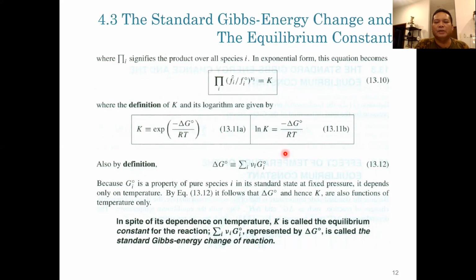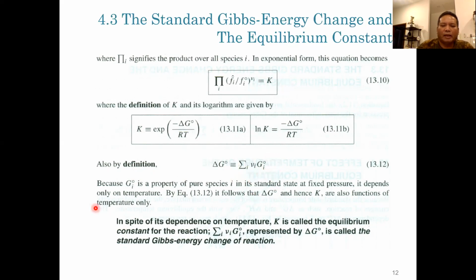You will study this in more detail in reaction class later. I'm not sure whether it's second year or third year, but I think somewhere in third year. By definition, delta G naught we can simplify to be equal to this: the summation of stoichiometric coefficients nu_i and Gibbs energy at standard conditions.